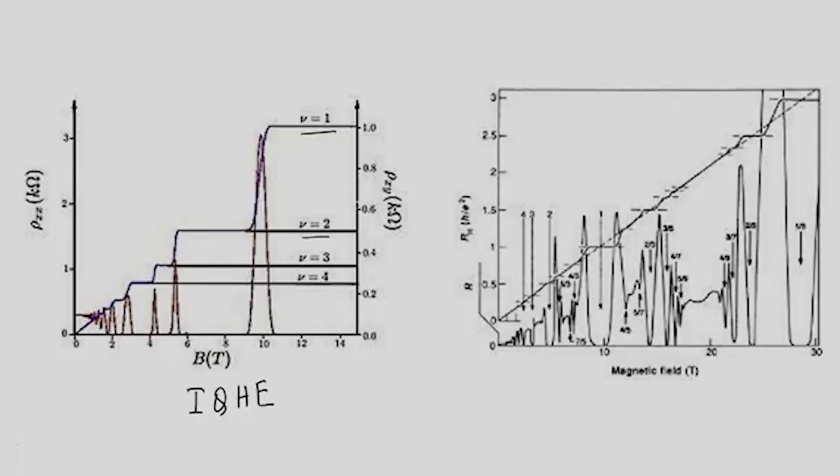Whenever these Hall plateaus jump from one value to another, up or down depending upon how you want to view it, the magnetoresistance shows a peak there and so on.